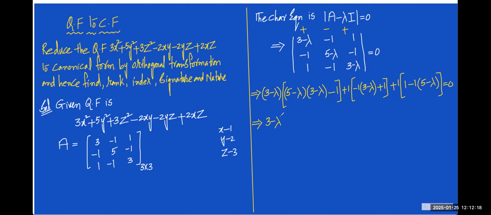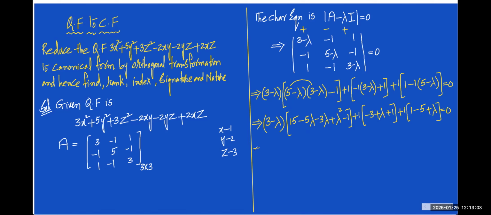3 minus lambda into, we shall multiply this one, 5 3 is 15, minus 5 lambda, minus 3 lambda, minus into minus plus lambda square, minus 1, plus 1 into, this is minus 3, minus into minus plus lambda only, plus 1 into 1 minus 5, minus into minus plus lambda, 1 is a lambda, is equal to 0.